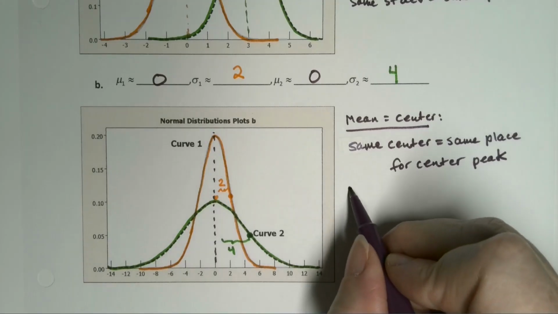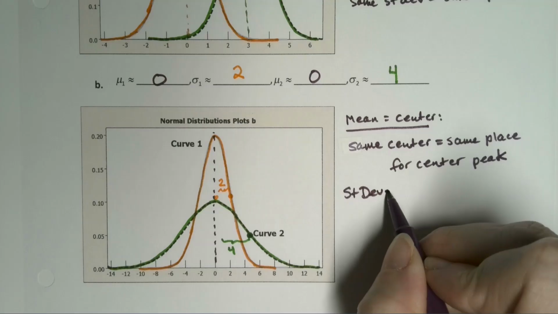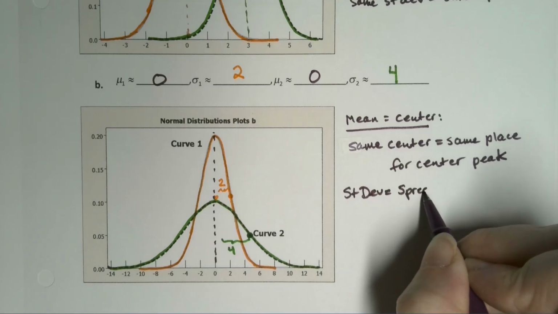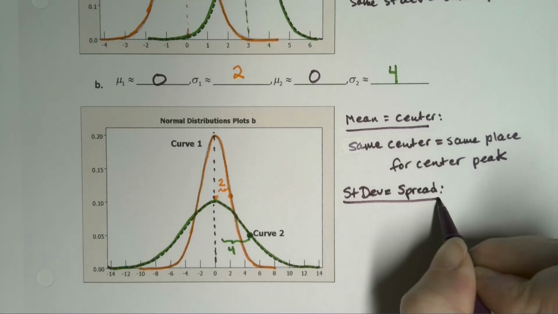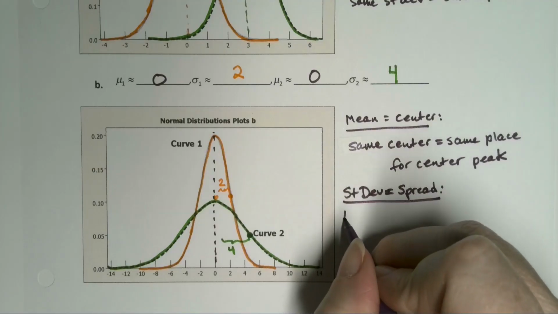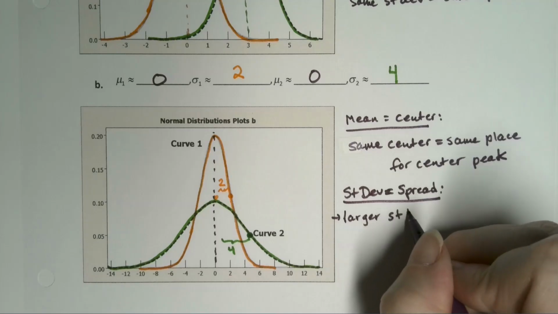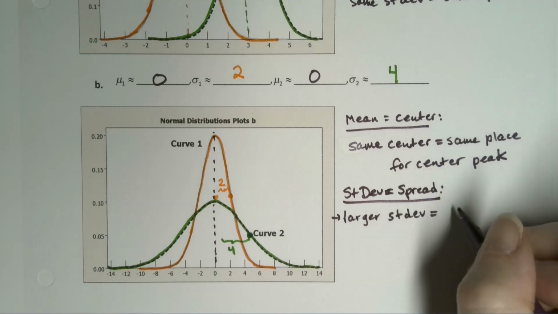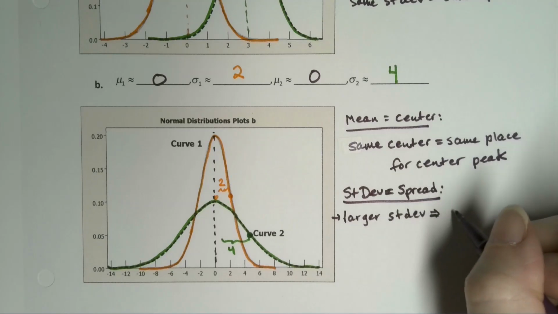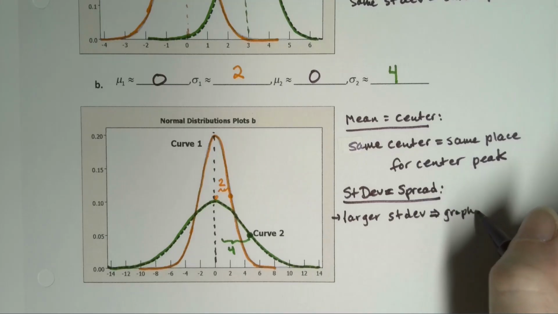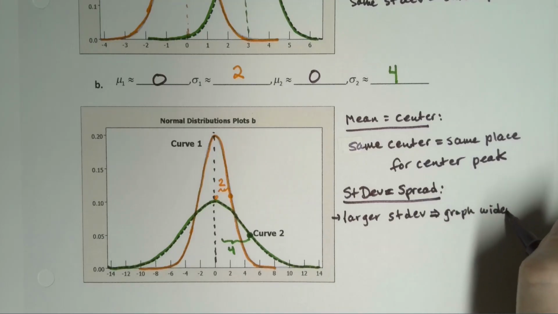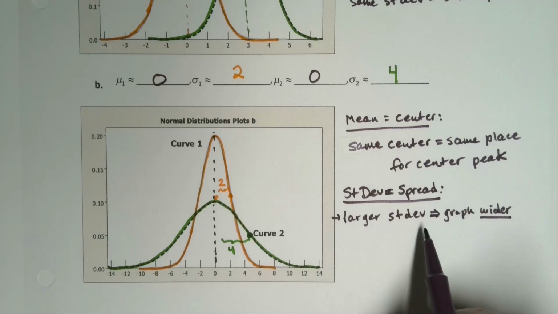Okay, so since the standard deviation is the spread, if we have a larger spread, or larger standard deviation, that means the graph is wider, more spread out. But you can spot it because the graph is wider, right?